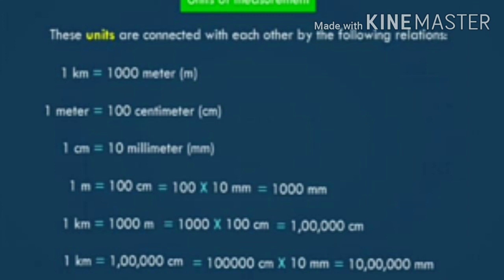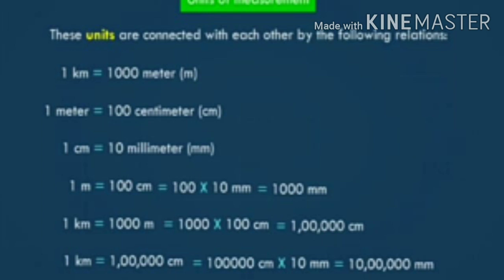1 meter is equal to 100 centimeters. 1 centimeter is equal to 10 millimeters. So 1 meter equals 100 into 10, which is 1000 millimeters. Next, 1 kilometer is equal to 1000 meters.